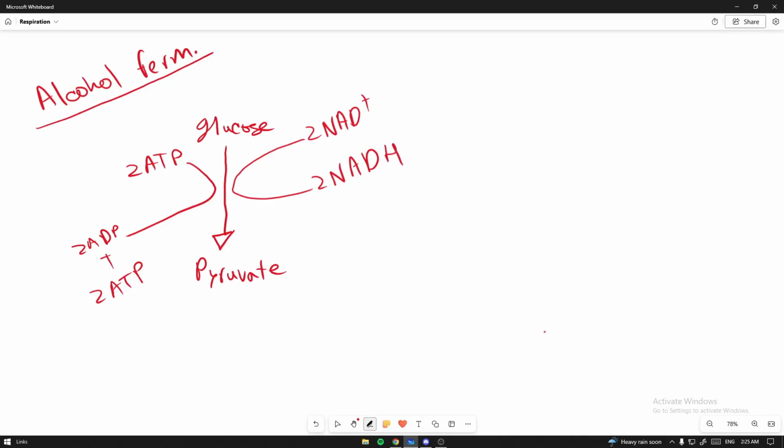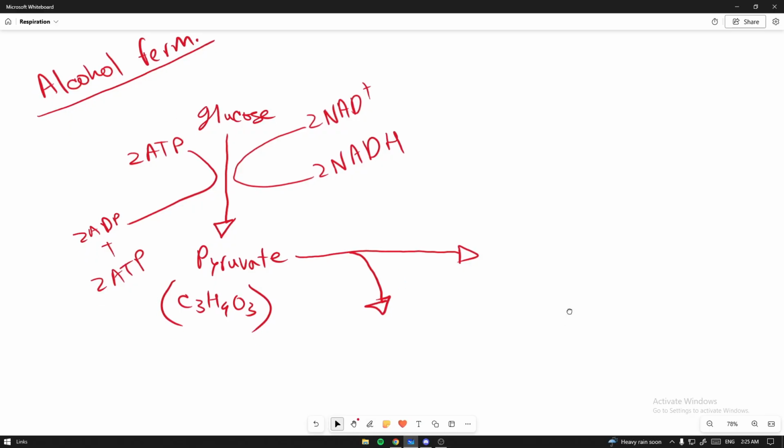Then the pyruvate, let me just write the chemical formula for pyruvate. It's gonna be C3H4O3. Okay. Now it's gonna get decarboxylated under the enzyme pyruvate decarboxylase. You don't have to know that name.